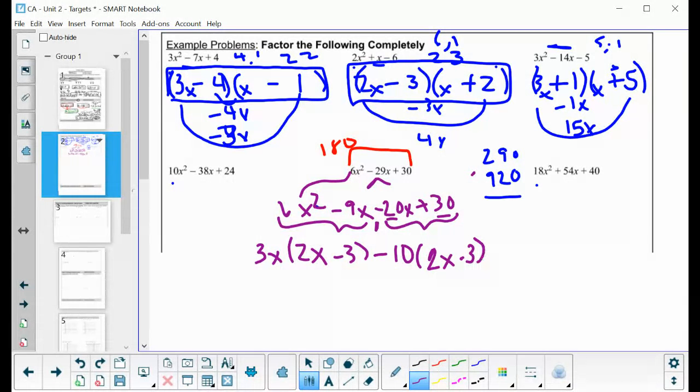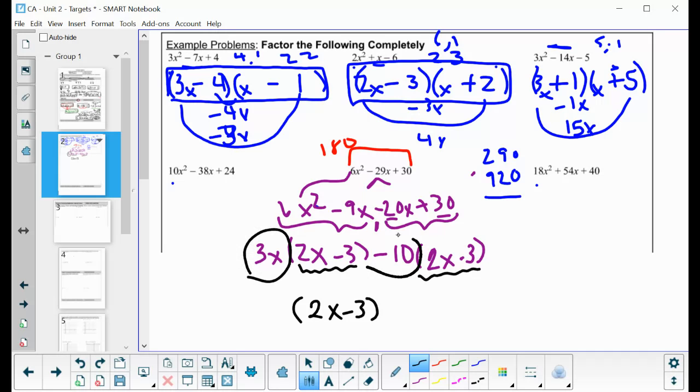And if you look really carefully, both of those groups have something in common. So I'm going to put that out in front as a GCF, and then whatever's left over after I remove that is the rest.